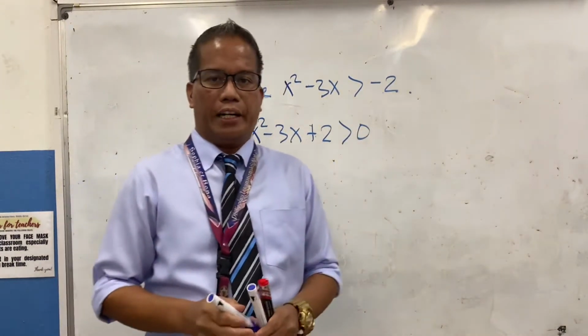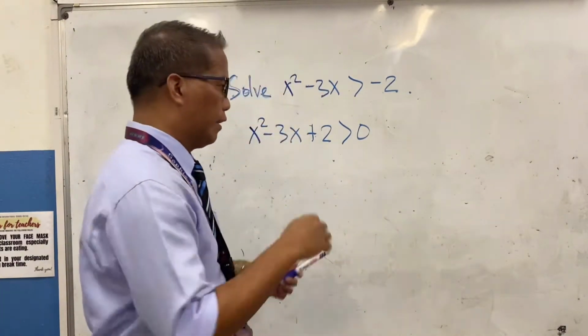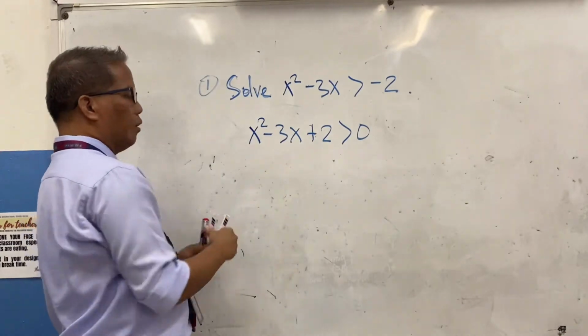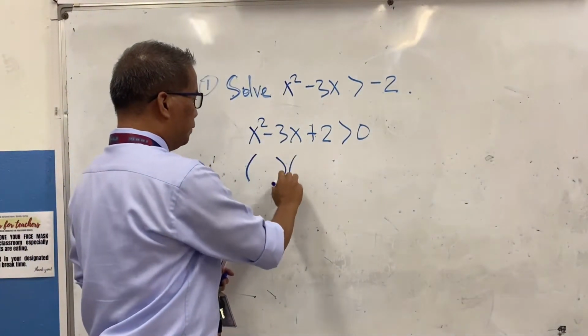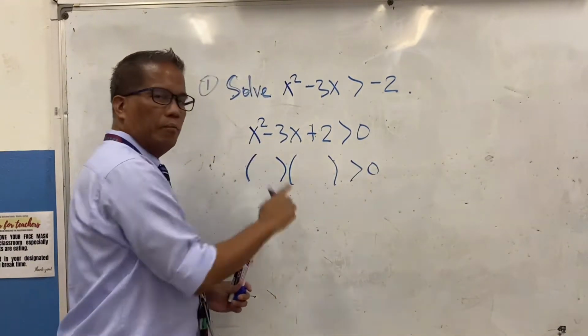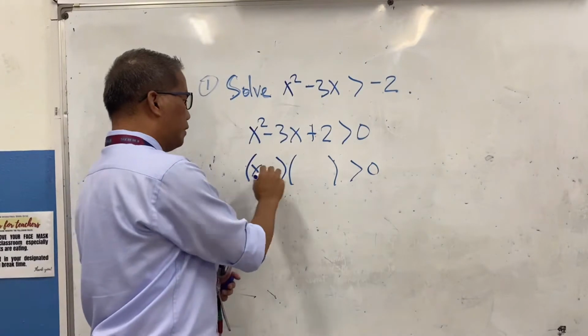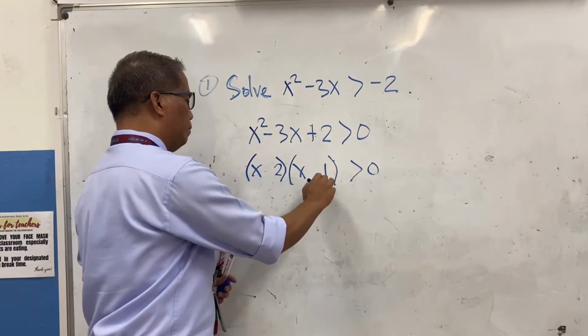So after writing it in standard form, we will find the roots of this quadratic inequality. We can use factoring here. Factors of x squared, we have x and x. Factors of 2, we have 2 and 1.